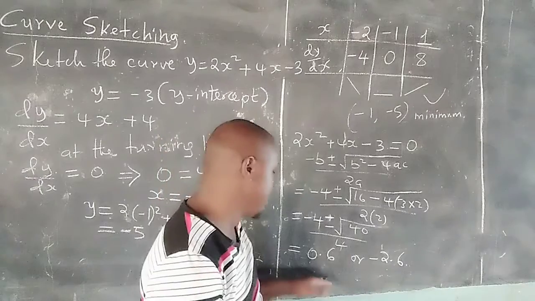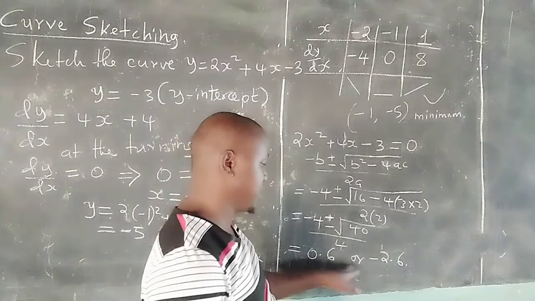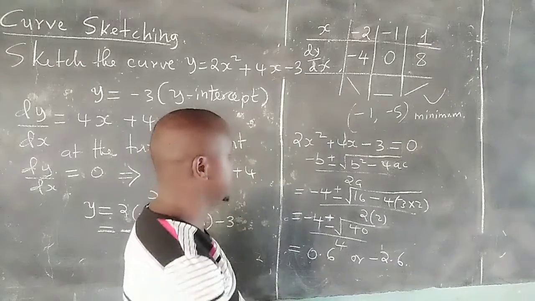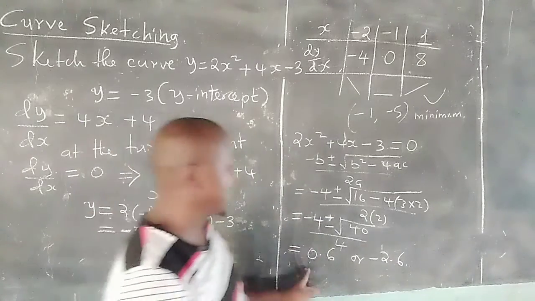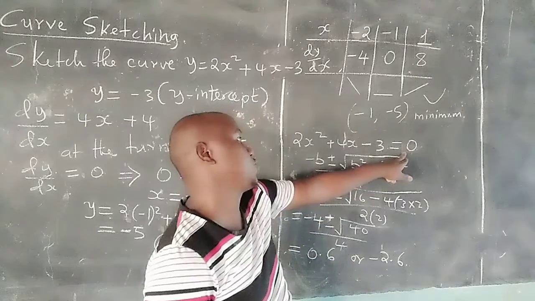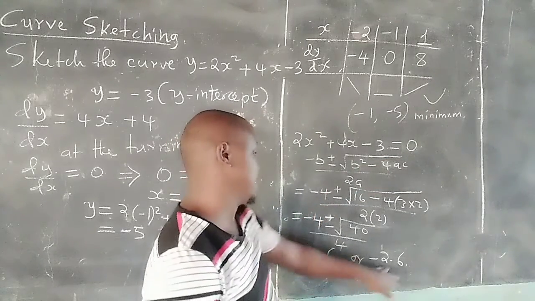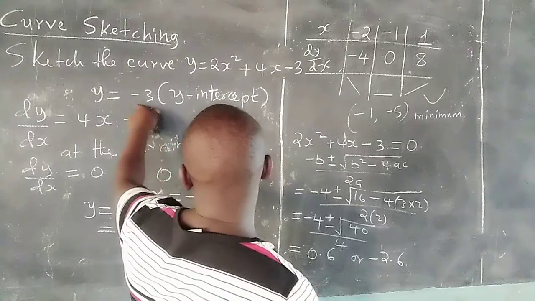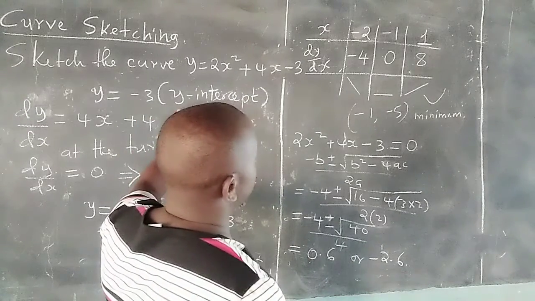Therefore, the two x-intercepts, where y goes to 0, will be at 0.6 and negative 2.6. Therefore, after getting the two x-intercepts, and the y-intercept is known here, then we can now sketch the curve.